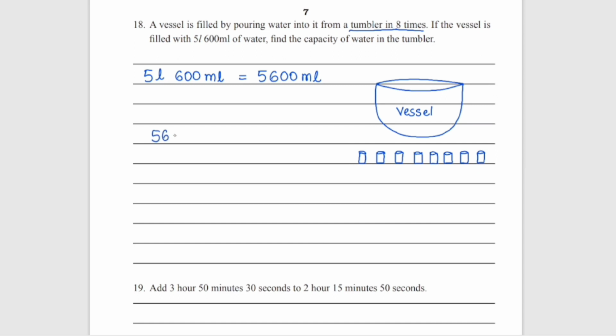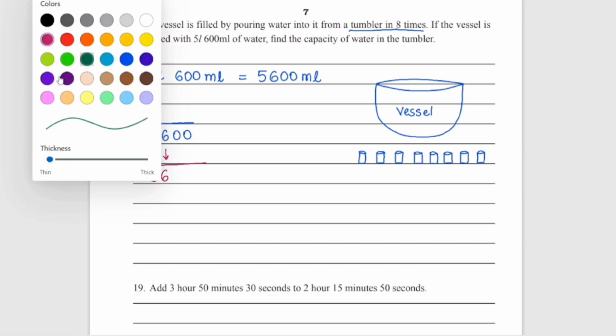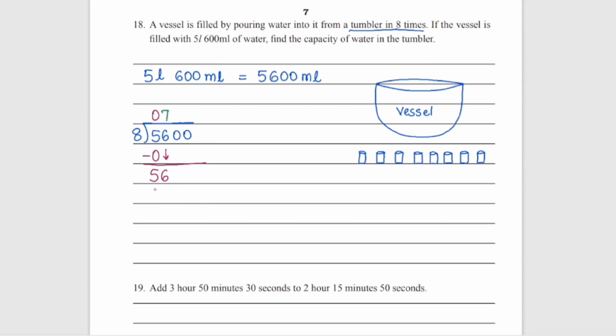Now 5600 divided by 8: 8 times 7 is 56, 56 minus 56 is 0, bring down the next 0. 8 zeros are 0, 0 minus 0 is 0, bringing down the last 0.